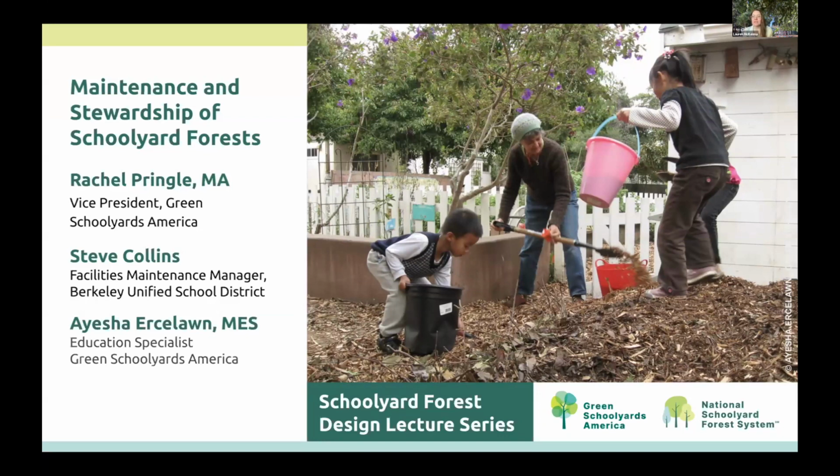Ayesha Ercelawn is the education specialist at Green Schoolyards America. She's taught and developed environmental education curriculum in green schoolyards for more than 20 years, bringing science, math, language arts, and social sciences outdoors. She has also trained teachers. She has a BA from Smith College and a master's in ecosystem science and management from Yale School of the Environment. And an ecosystem perspective continues to deeply inform her thinking today.